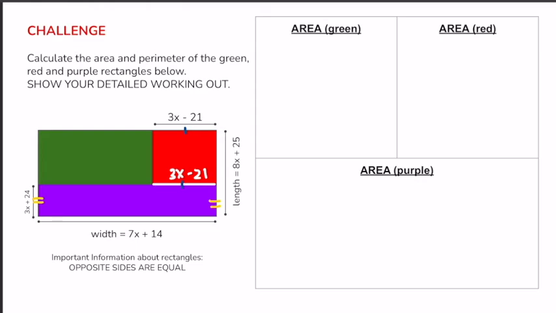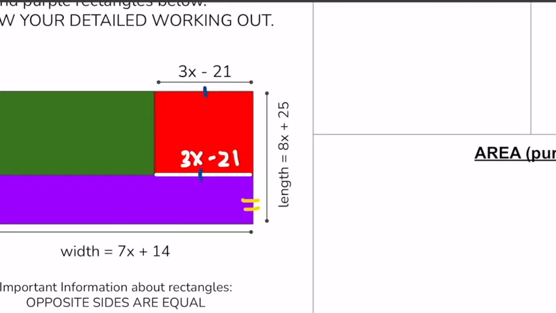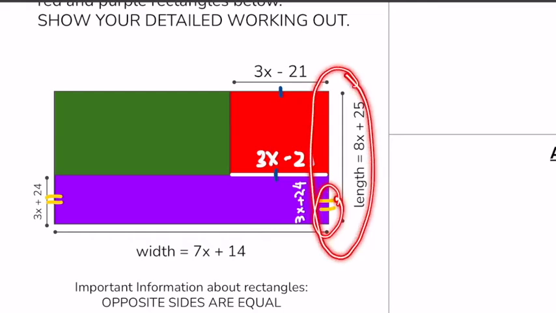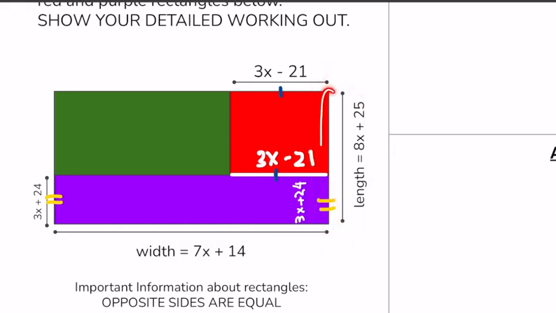So we can write it now as this side is 3x plus 24 also. So if we know that this side is 3x plus 24 and the length of this whole side is 8x plus 25, how will you calculate for this length of the red box, the red square?